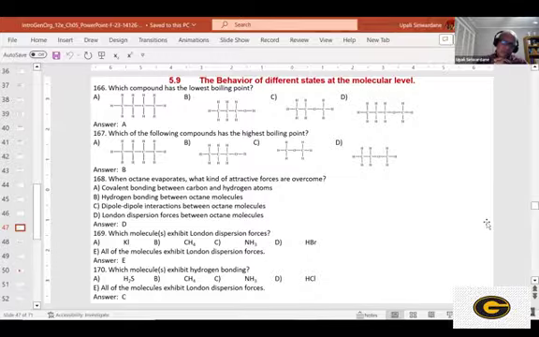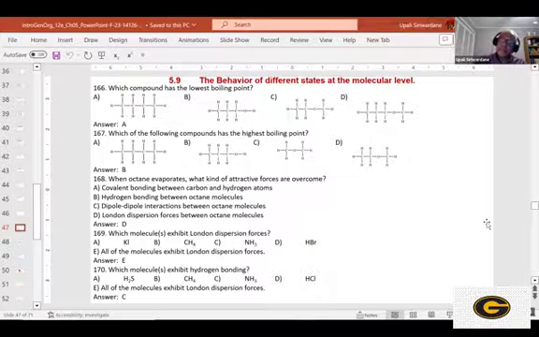The first molecule is butane, 4 carbon atoms, and it doesn't have any dipole. Therefore, it is a non-polar molecule; carbon-hydrogen bonds are non-polar covalent bonds. Therefore, London dispersion force is the only one that will be present in butane. The second one is propanol. It has an OH group.